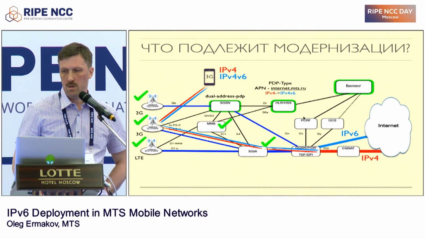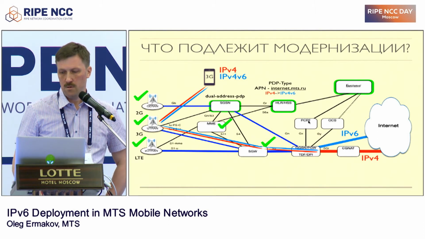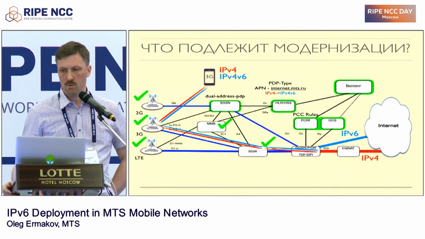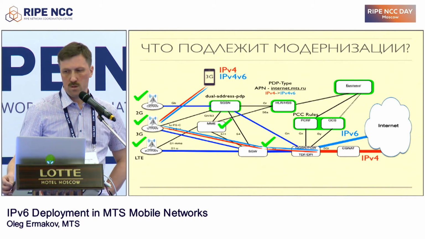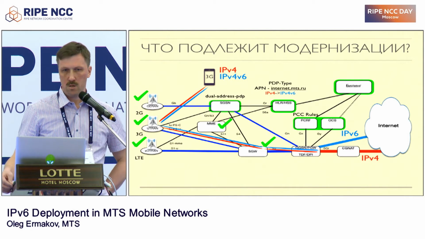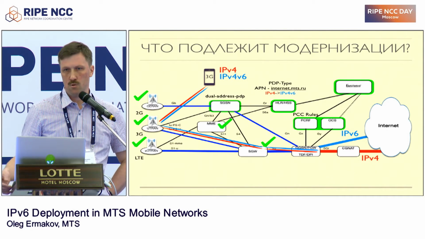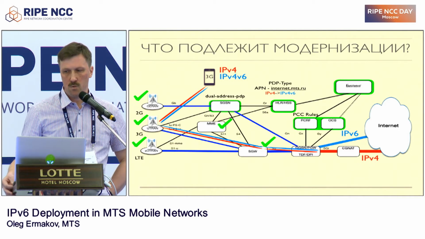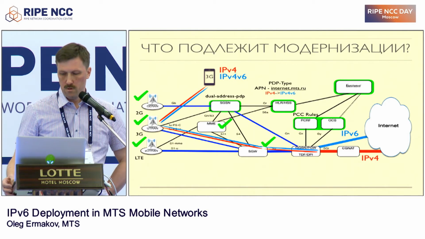This link from billing to PCRF, we use this link to manage policies, PCC rules, and those PCC rules also had to be edited when we switched to dual stack.